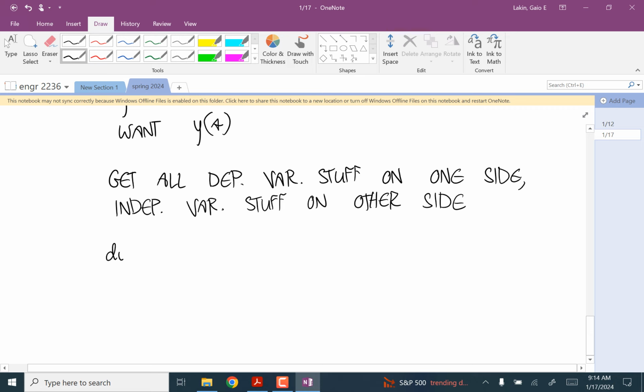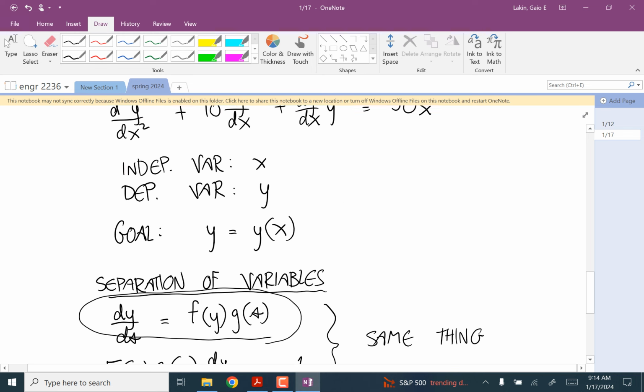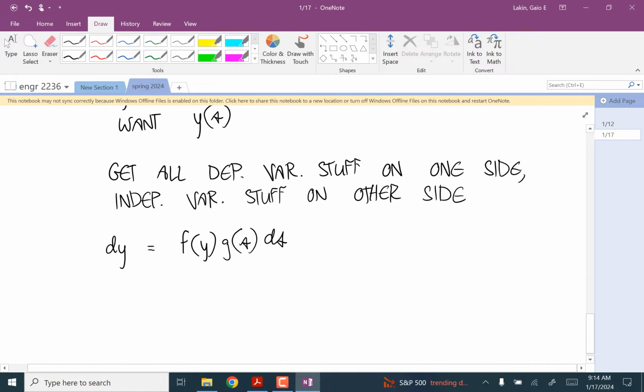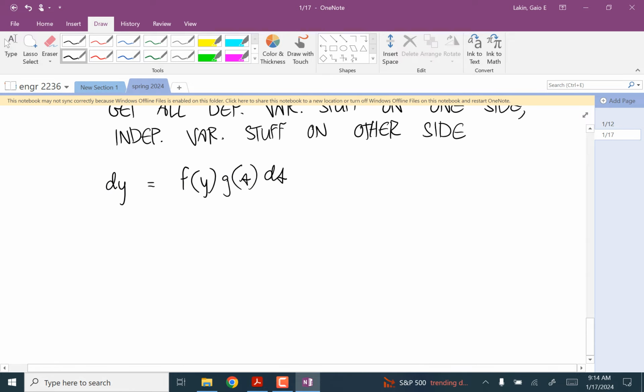Let's first go dy is equal to f of y times g of s ds, and then divide f of y from both sides, so you get dy over f of y is equal to g of s ds. And now you have two things that you can integrate.